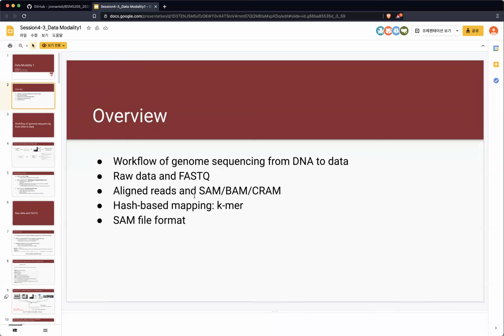During this alignment process, we use a strategy called hash mapping. We learned about hash-based mapping, and this is based on k-mers, right? All of this is processed in the SAM file format. So this is another format we have to learn in the sequencing data set.